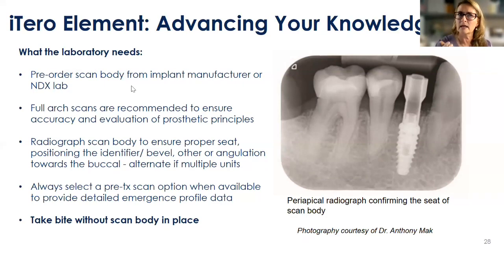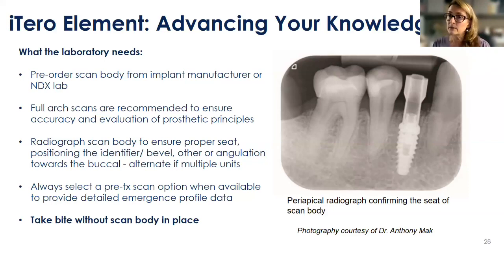Pre-ordering the scan body can happen through the laboratory. So you can contact the lab and pre-order a scan body through us, or you can pre-order the scan body from the manufacturing company. Please know that every scan body is slightly different as far as how long it might take you to receive it, how many autoclave cycles it is good for.